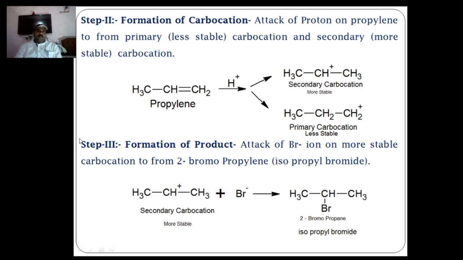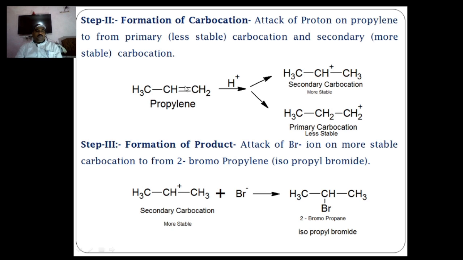This is propylene, CH3CH=CH2, and this is H positive, the proton from the first step. In the first case, the proton adds at CH2, so it gives CH3CH positive CH3. Why?